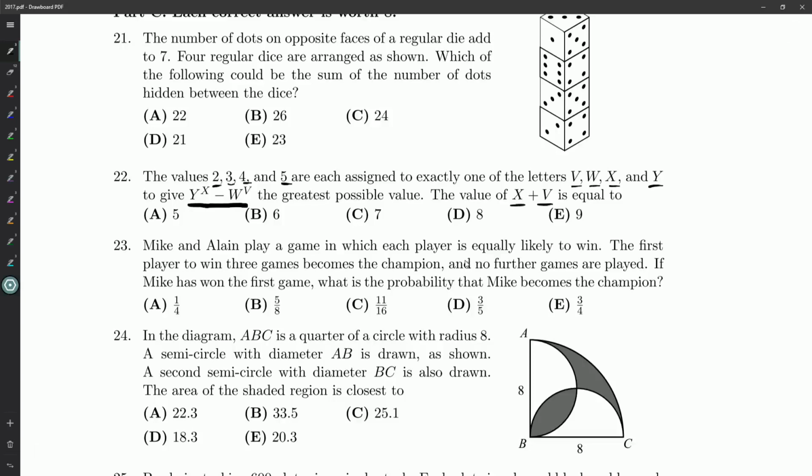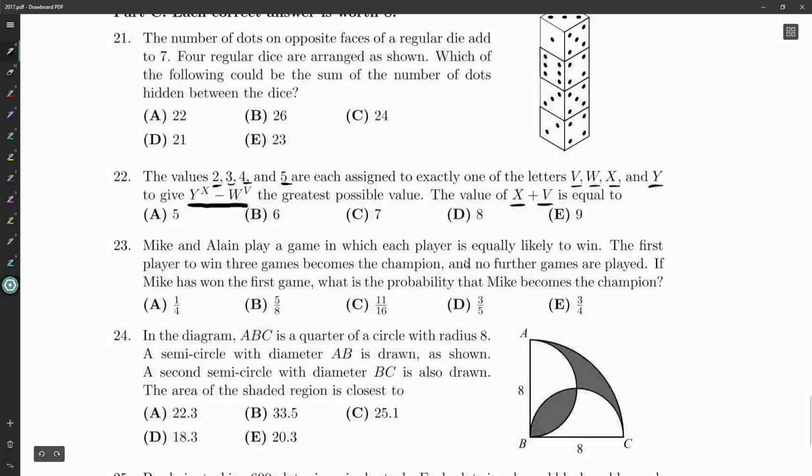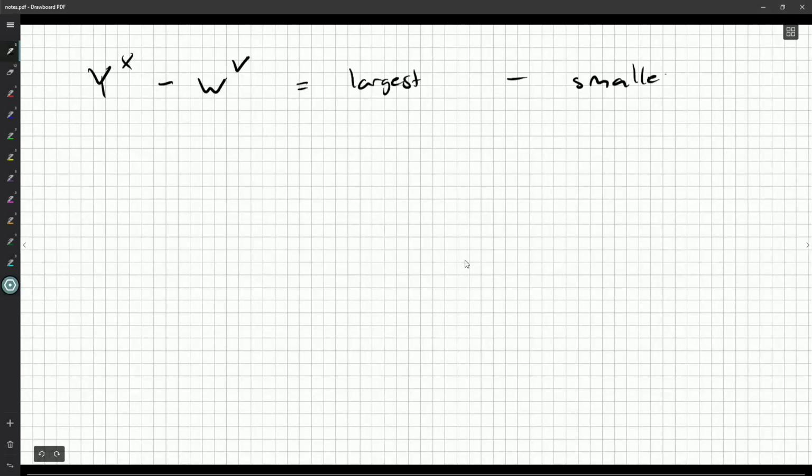So Y to the X minus W to the V, right? So we're just adding up the exponents. It seems that if we want to make the greatest sum possible, we should have the largest exponent minus the smallest exponent.